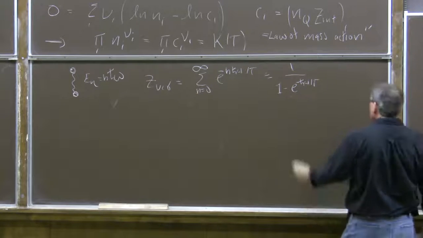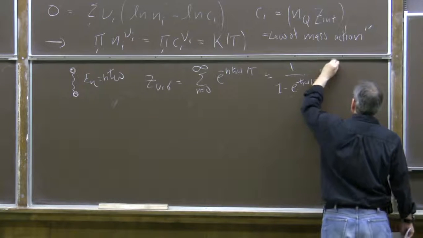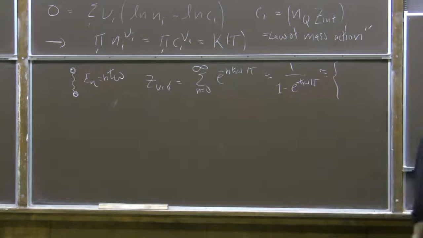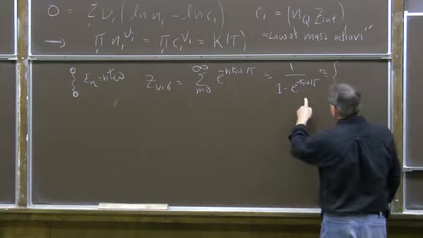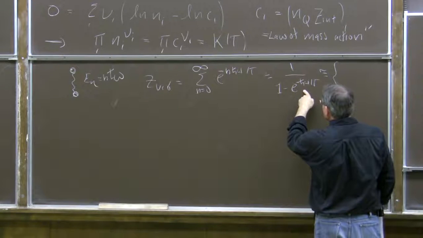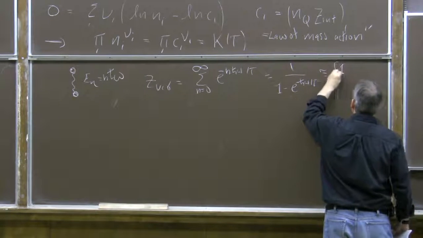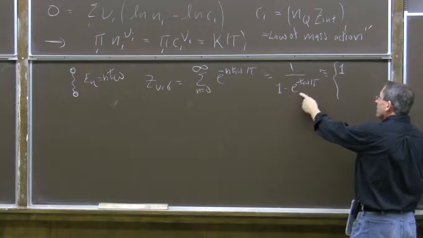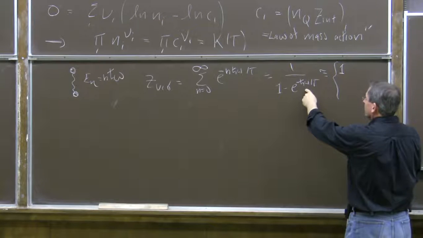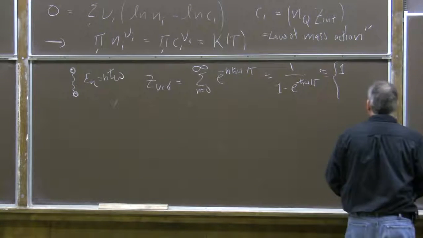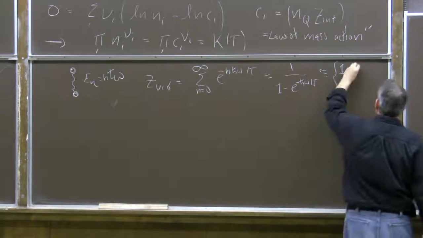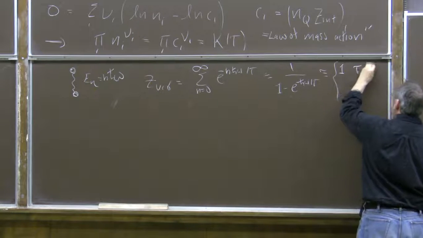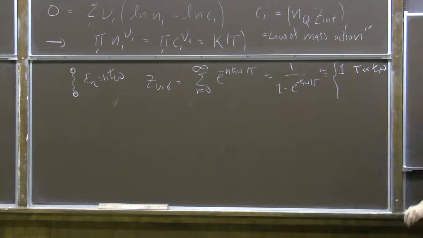So when the temperature is low, then this exponential is really small, and the partition function is essentially 1. And when the temperature is high, I can expand the exponential, and it becomes, in the denominator, h bar omega over tau. So this is the small temperature limit, where small means temperature small compared to the vibrational energy level spacing, h bar omega.